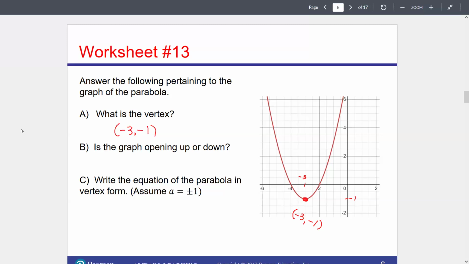And then just something to point out here, once again, let's use a different color. Your homework does ask you for axis of symmetry. The axis of symmetry has to go through your x coordinate, so it's just going to be x is -3. That's all axis of symmetry is, just your x coordinate.